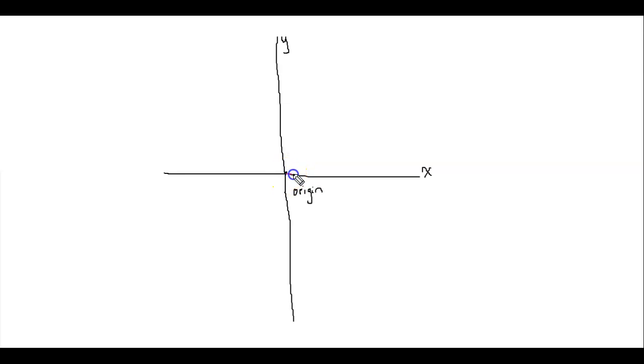And so the angle's first ray is always going to be along the positive side of the x-axis, and we call this the initial ray. So this is kind of where the angle starts, all right?